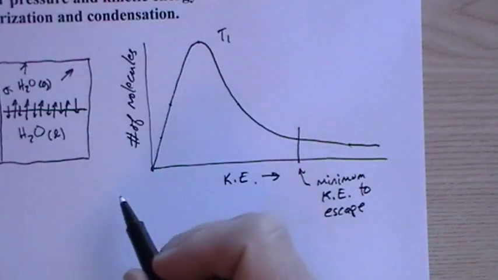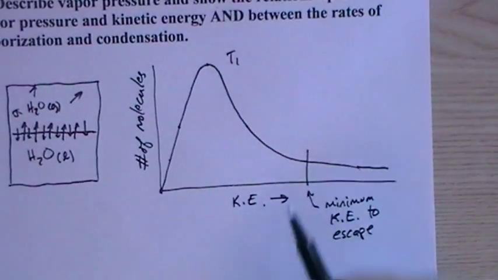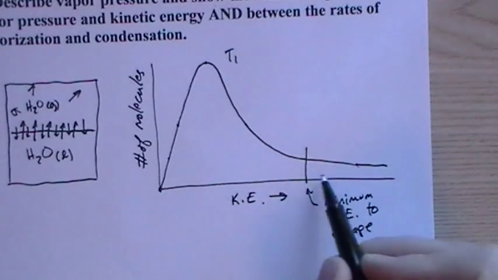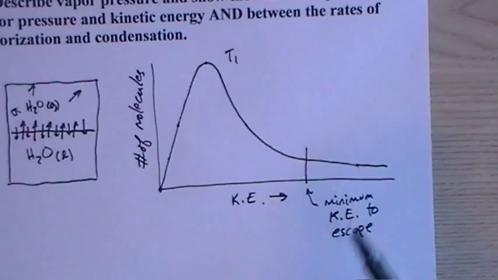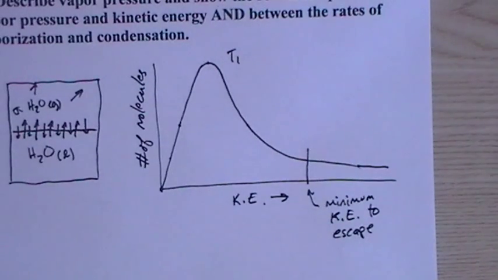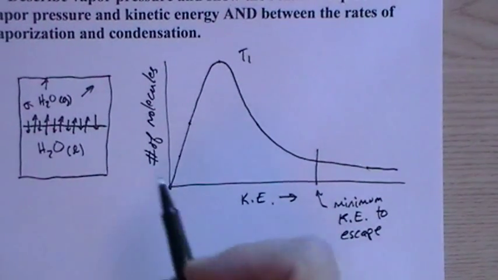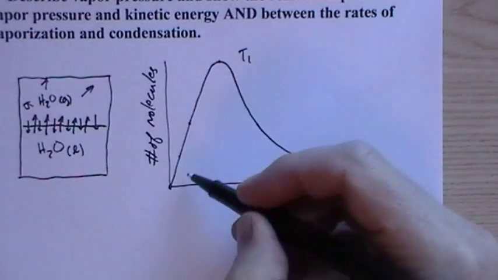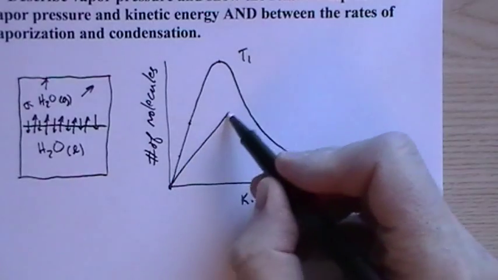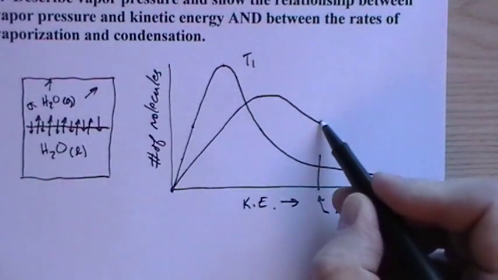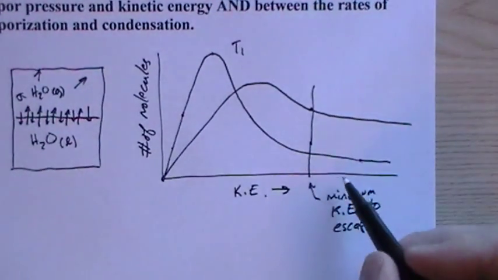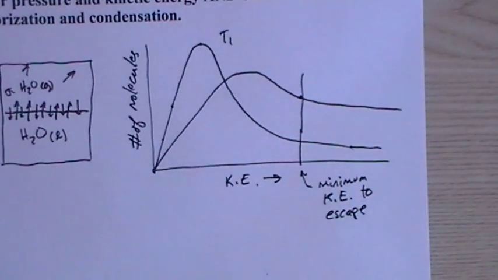And to escape, they also have to be at the surface. The way I've drawn it here, looks like somewhere around 10% of the molecules have enough energy to escape. So we have a pretty high vapor pressure because of that. As the temperature goes up, though, we get more molecules moving faster, so we get a higher percentage that have the minimum escape kinetic energy.